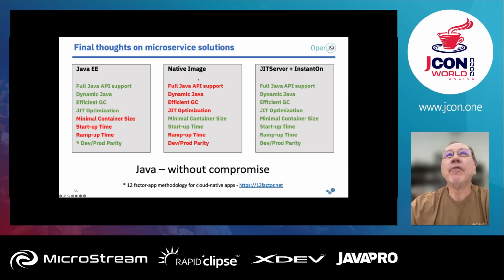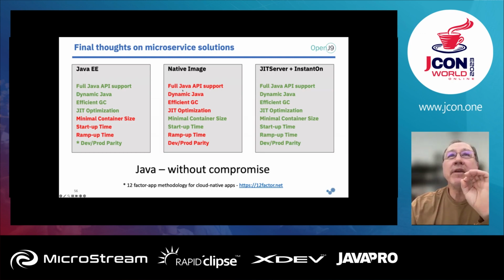Now let's talk about some of those solutions I talked about earlier. A lot of them have to do with native image, which is statically compiling your Java application. So what you get from that is a real minimal container size. You get a very small container. You get great startup time.